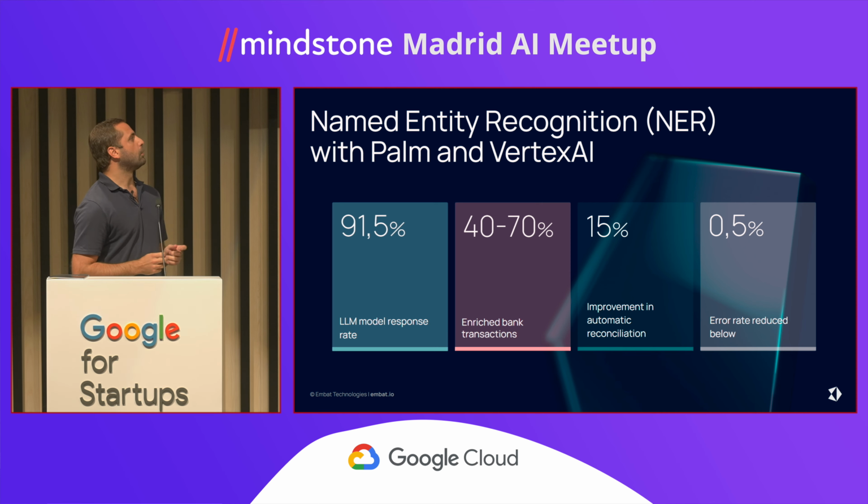This 15% also depends a lot on their business and how they do their payments. Because for some of them, which have, for example, 90% of simple one-to-one transactions and invoices, there's not a lot more to do.